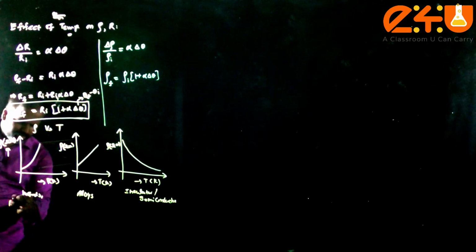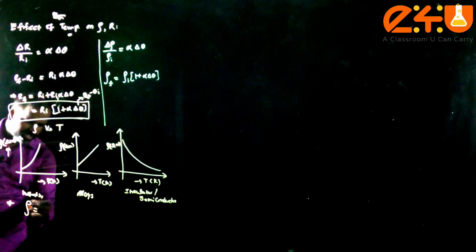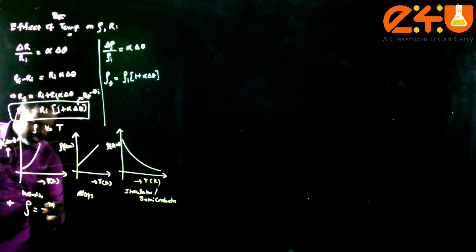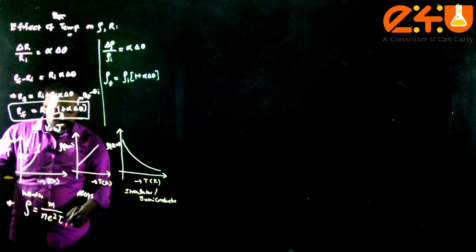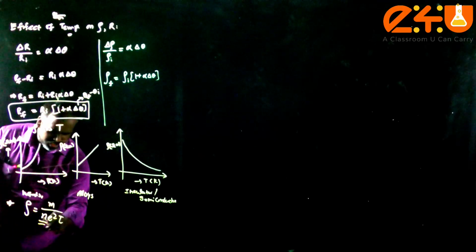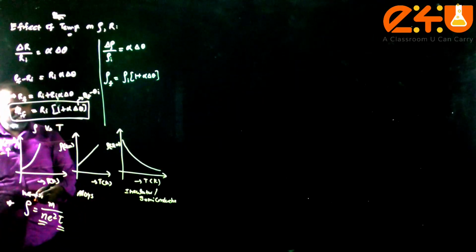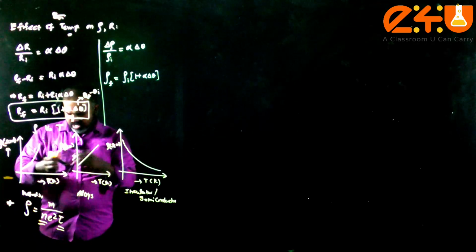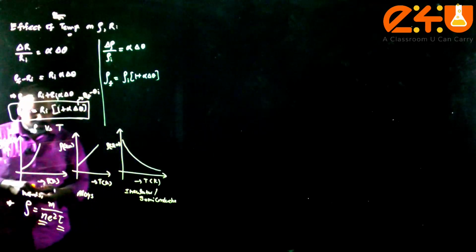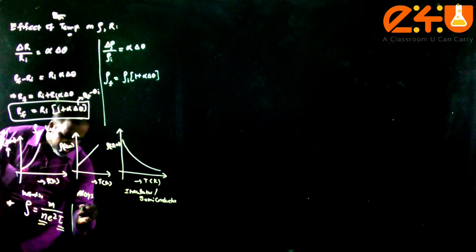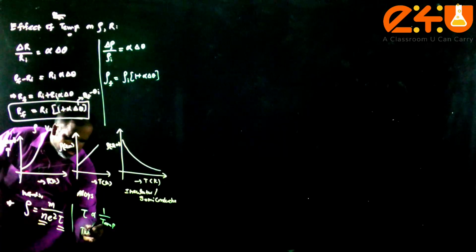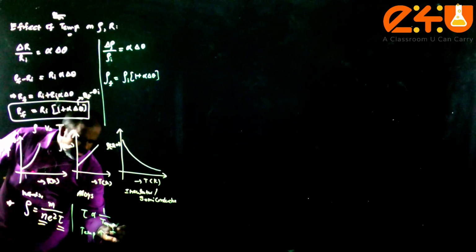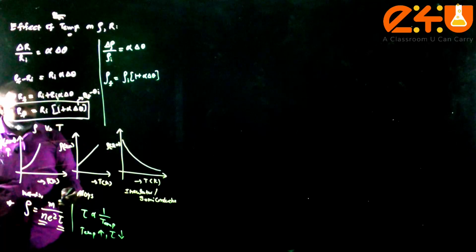We know that in the previous session we derived the expression for resistivity, rho is equal to m divided by n e square tau. Here there are two variables with respect to temperature, number density and relaxation time. What is the variation of tau with respect to temperature? Tau is inversely proportional to temperature, so as the temperature increases, the tau value decreases.